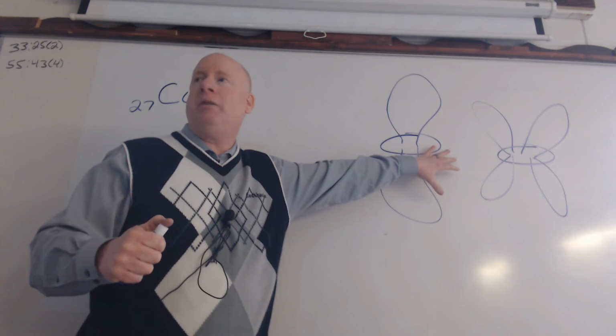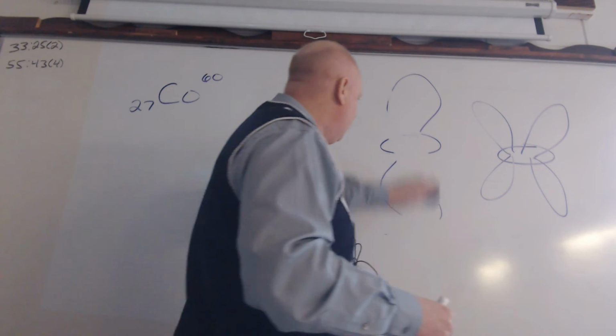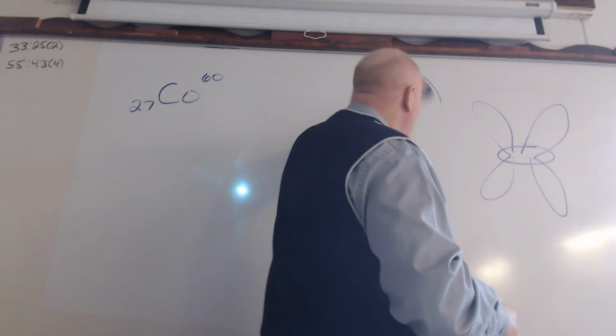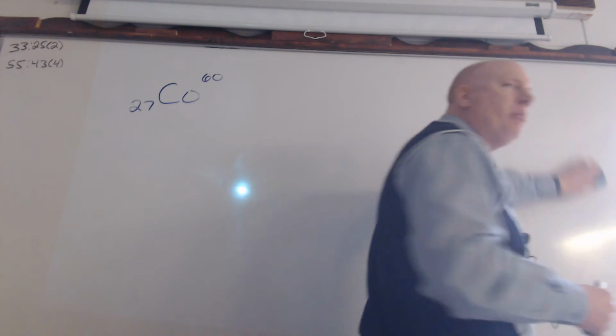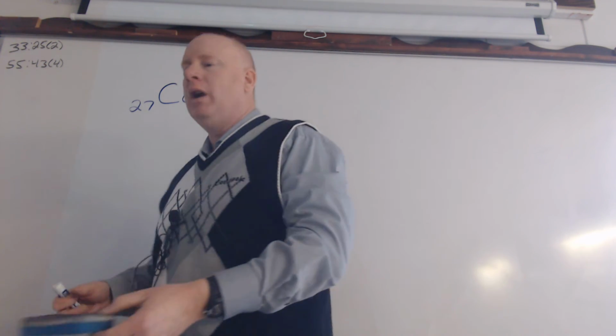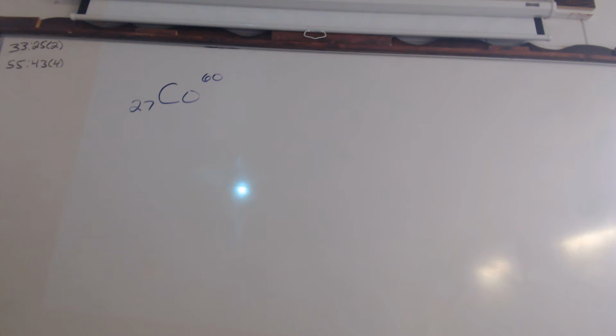It's just electron behavior. Because when it comes to any element, what determines how an element will react? Is it the neutron, the electron, or the proton, do you think? What have we spent the most time on? Well, it's either protons or electrons.